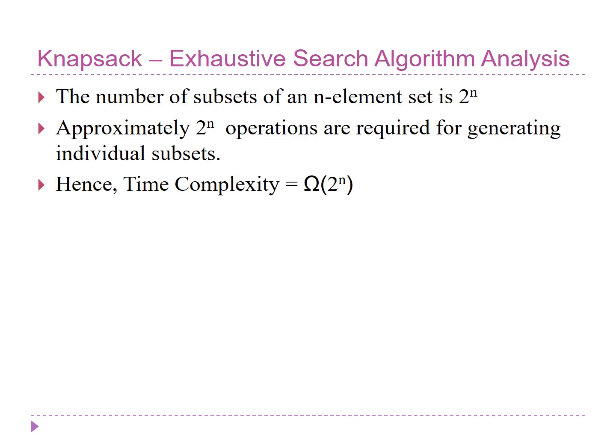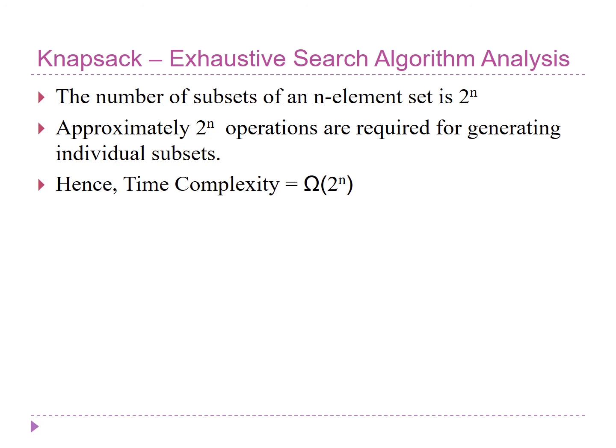The algorithm analysis for the exhaustive search approach to the knapsack problem is as given. In the exhaustive search approach to the knapsack problem, all the subsets of the items are generated. So the number of subsets generated for an n element set is 2 power n.